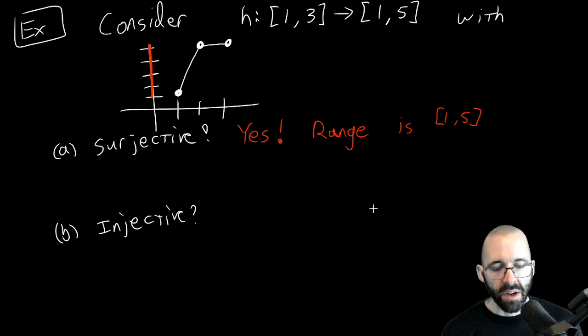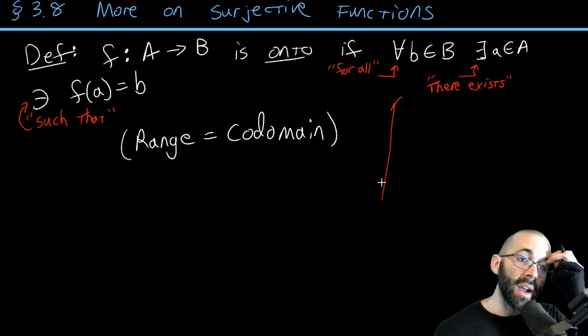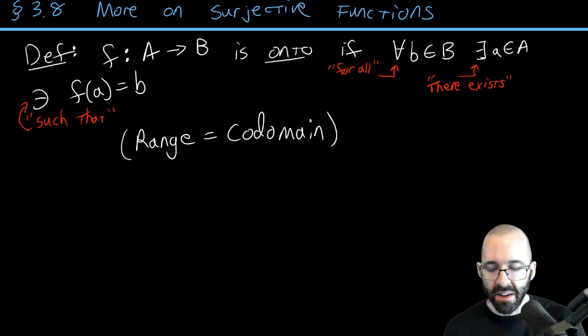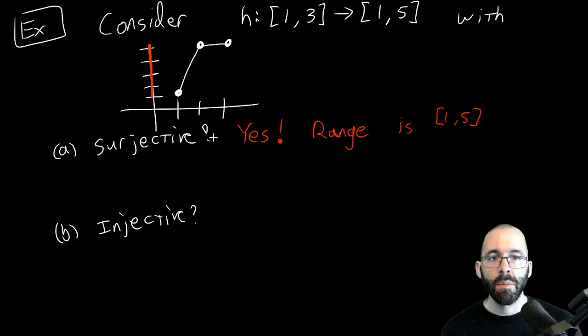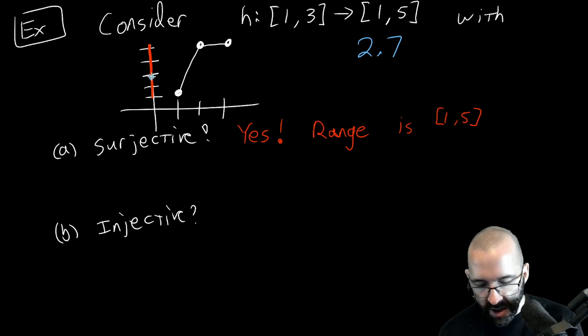For every output, for everything in the codomain, there's an input that will get us there. Pick anything in the codomain. This is not a proof, but it's fun to play with. 2.7 is in the codomain. All right, 2.7 is right here.